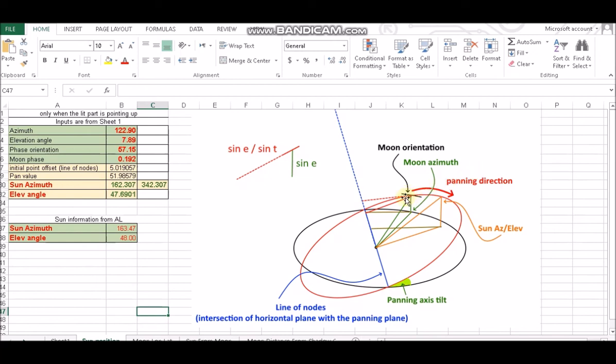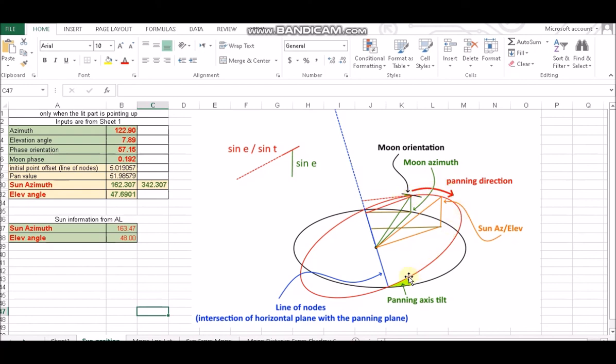The point is that if you follow the path, this path is the direction of the illuminated part, and it's an arc. When you pan your camera, you don't pan it horizontally. You should pan it in the direction of the illuminated part. So it would go up and it would go down.